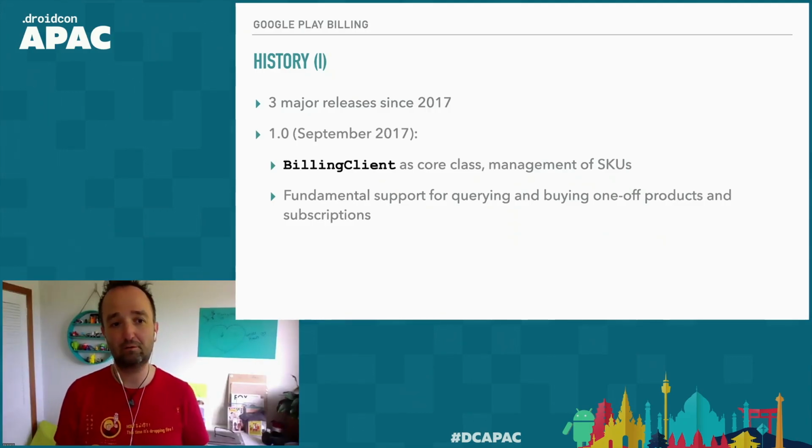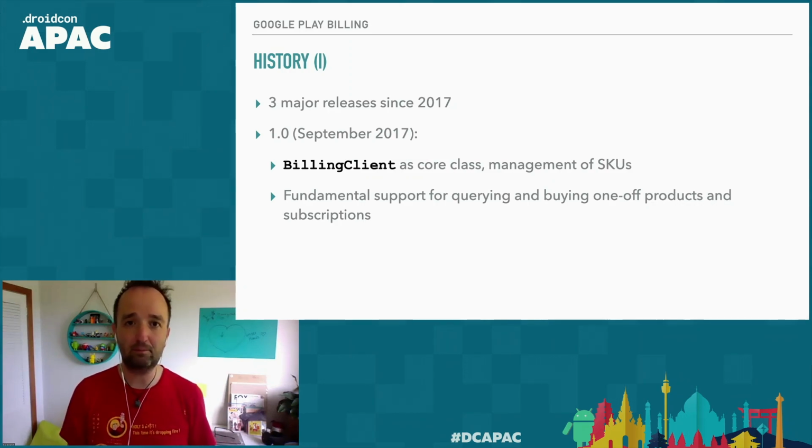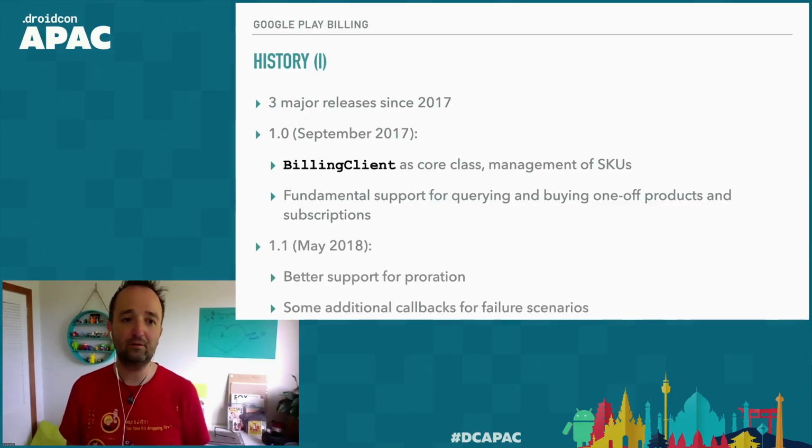1.0 was the initial release with the billing client, and it allowed you to do basic billing flows. You could manage SKUs, you could query existing products, and you could allow your user to buy one-off products or subscriptions. Cool. Then a few months later, 1.1 was released, which had much better callbacks for failure scenarios.